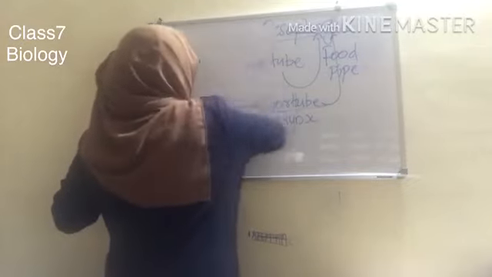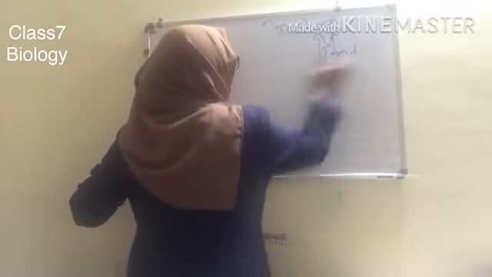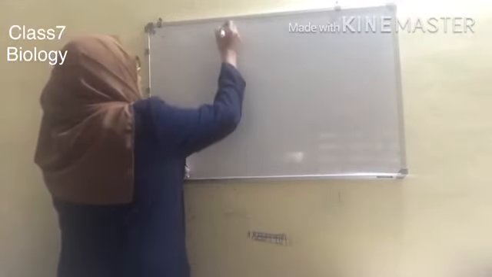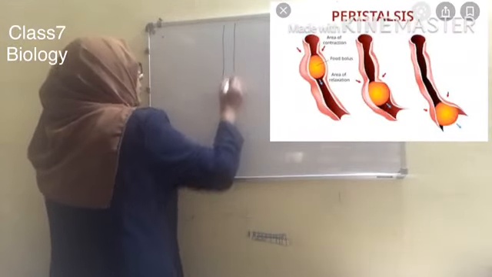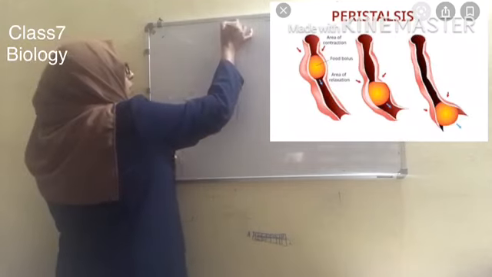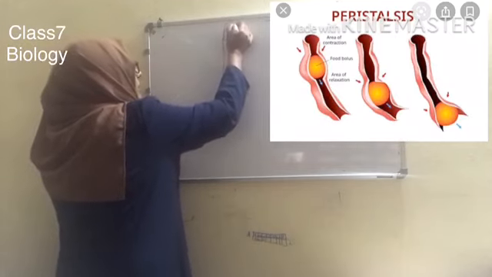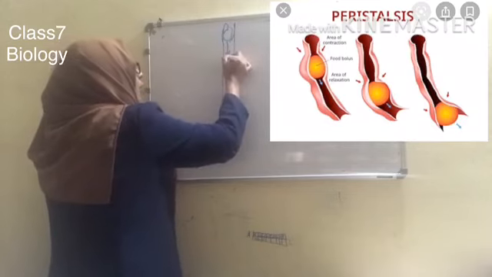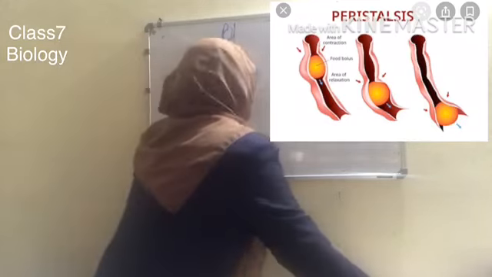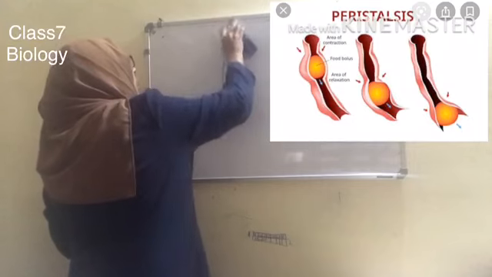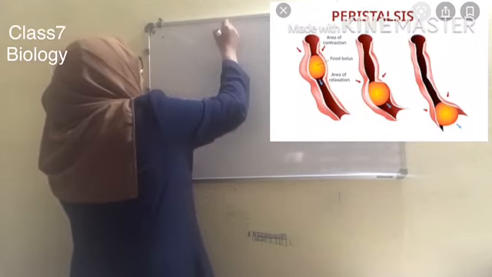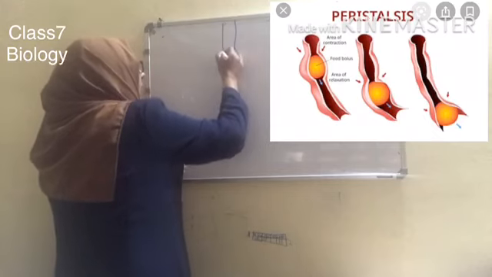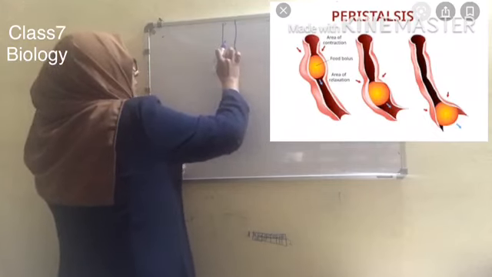Look here, I will draw it and show you. When the food enters the esophagus, a long muscular tube, this area will contract and push the food down to the next area. Once the food is pushed down, this area will relax and regain its original shape, and the next area will contract.